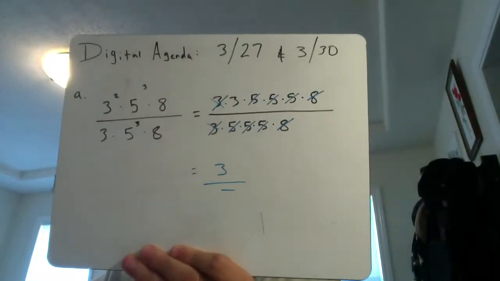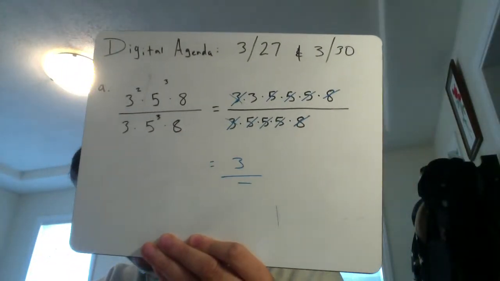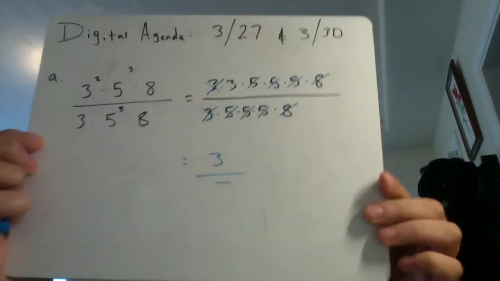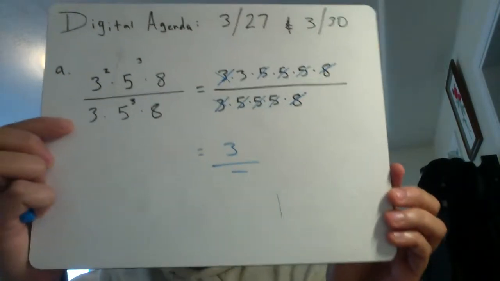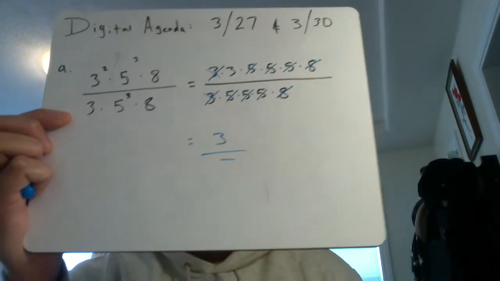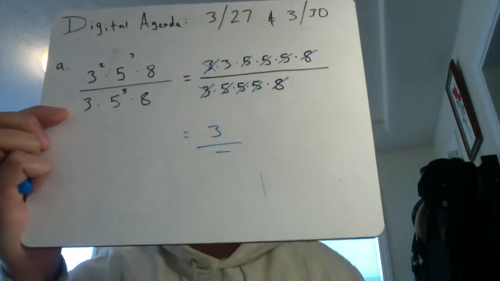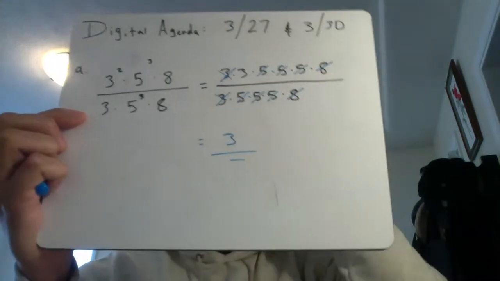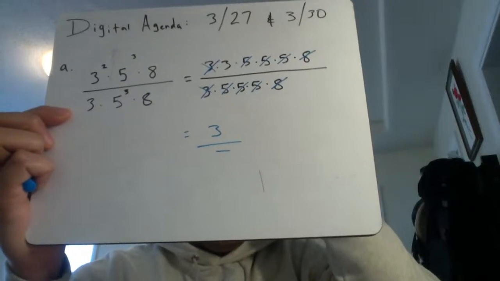Does everyone see how we got 3 for the first problem, A on the do now? So we expanded the terms, and after we expanded them, we crossed out all of the like terms in the numerator and the denominator. And all we were left with is 3.